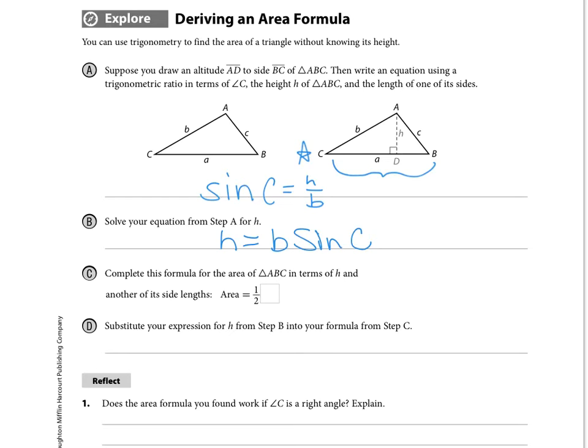So if we knew h, and of course a is the base, we could say 1/2 base times height is actually 1/2 a times the height. Now, because we just solved for the height in another equation, we're going to substitute b sine C for h, and we get a new formula: the area equals 1/2 little a times little b sine of big angle C.